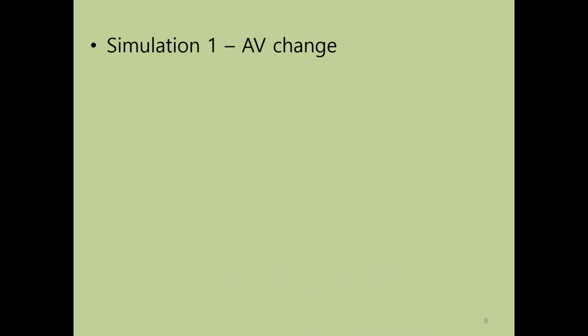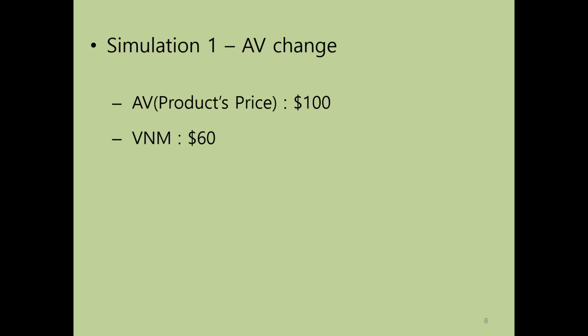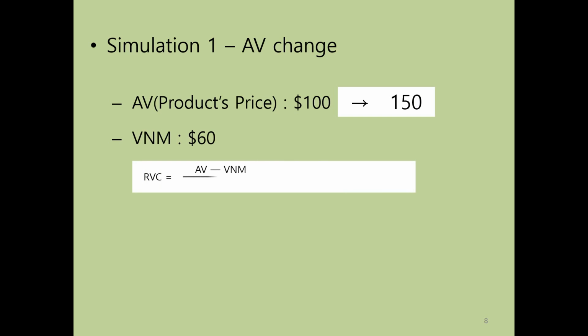Simulation 1, AV change. In this simulation, we will change AV. The AV, the product's original price, is $100 and the VNM is $60, and we will change the AV to $150. And we will see what happens if the AV changes to $150. RBC rate is 150 minus 60 divided by 150, and the rate is 60%.